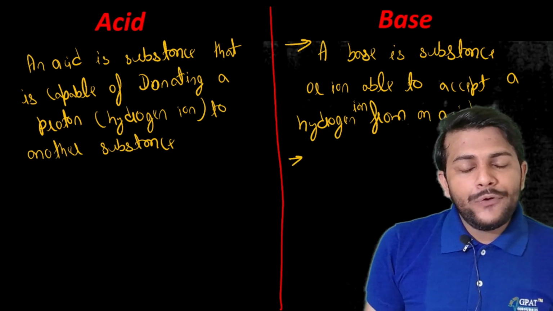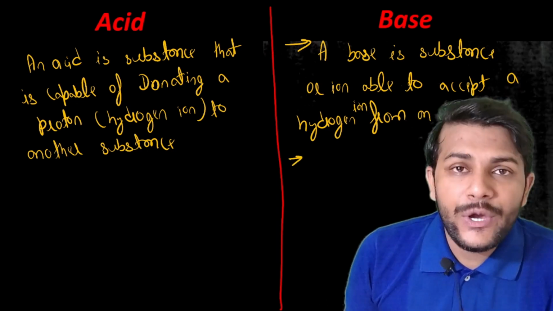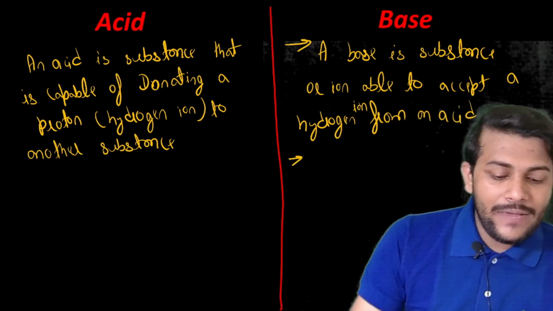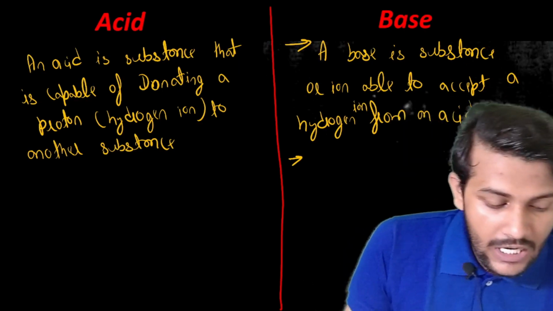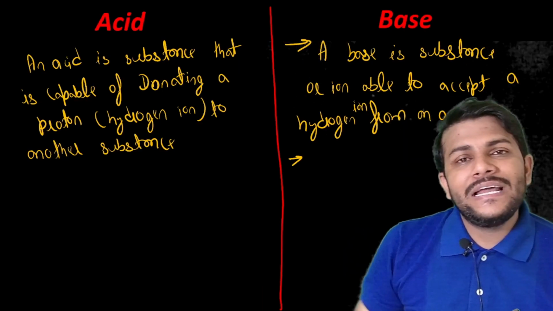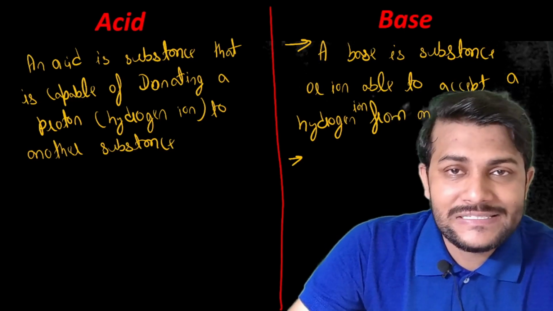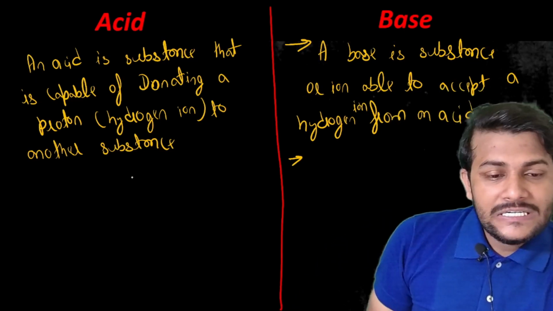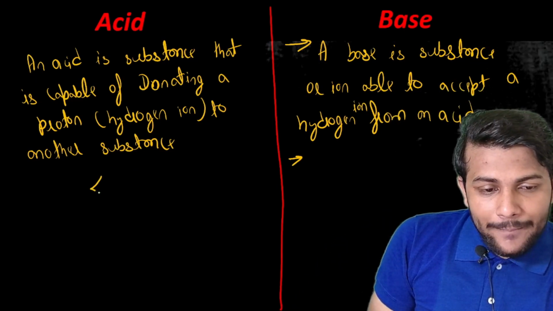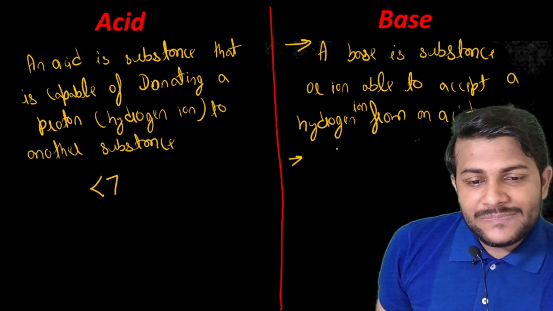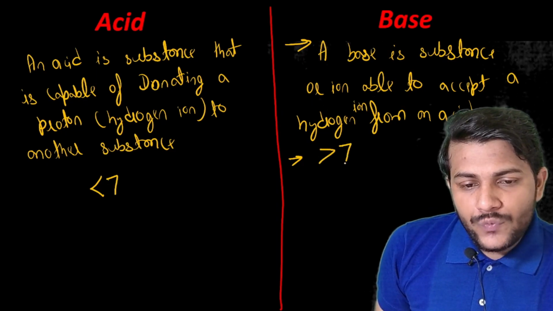Regarding examples of base, we have NaOH, KOH, and Mg(OH)2. And examples of acid, I hope you are familiar with hydrochloric acid, sulfuric acid, nitric acid. The pH of acids is below 7, whereas the pH of bases is above 7.